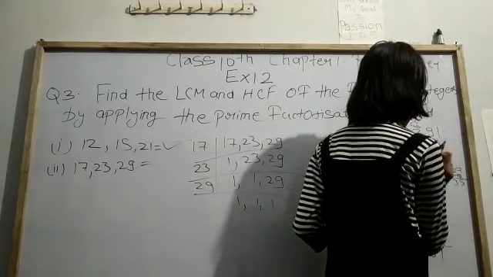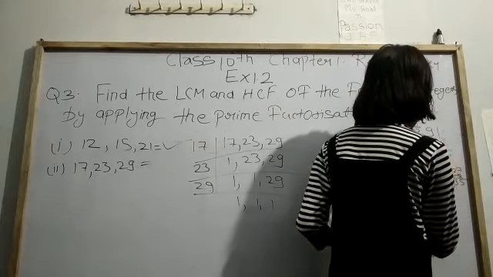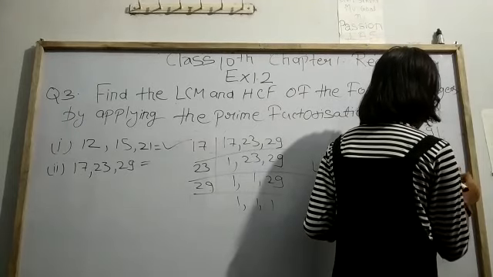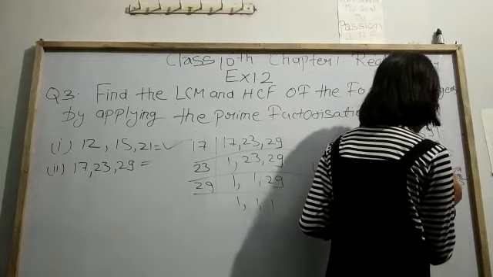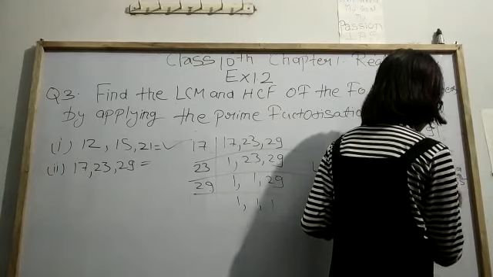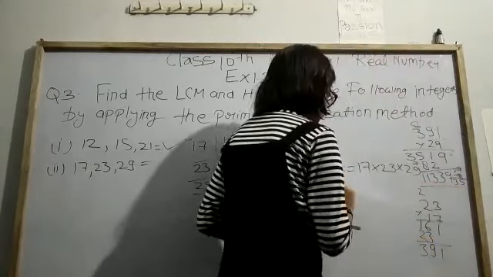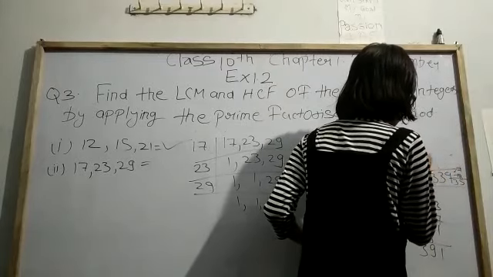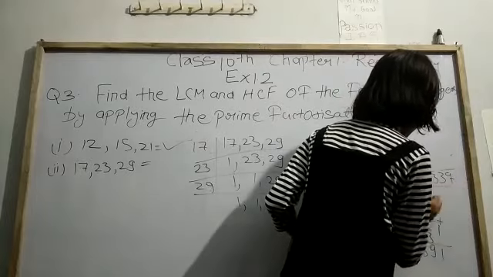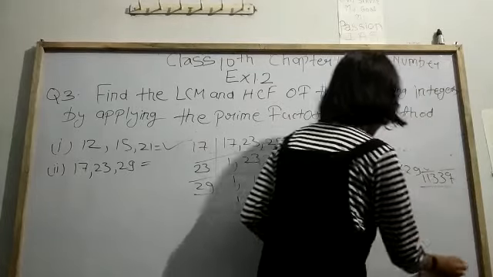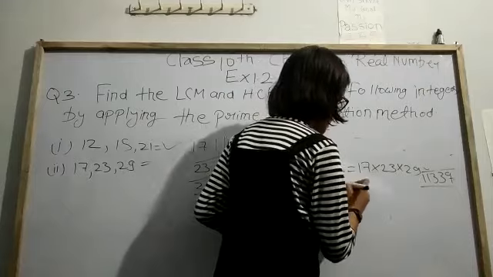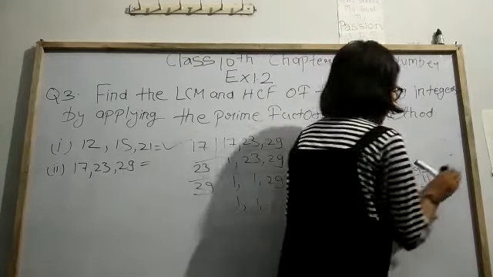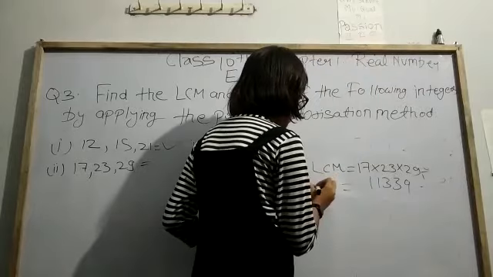So here we write 35. Now 2 ones are 2, 2 nines are 18, 1 carry, 2 threes are 6, plus 1 is 7. So 9, 3, 8 5, 13 and 11. Here let me erase, otherwise you will be confused. So our number is 11,339.